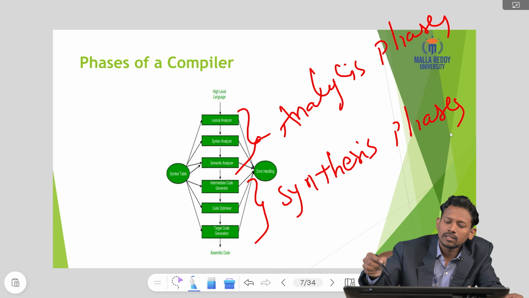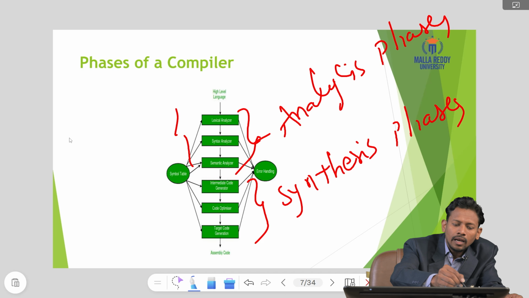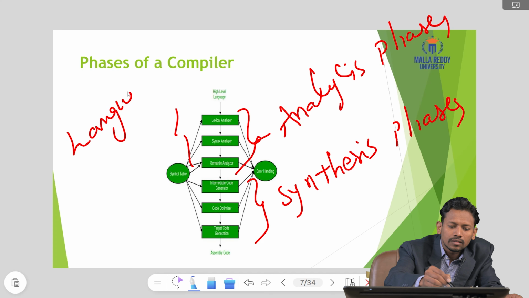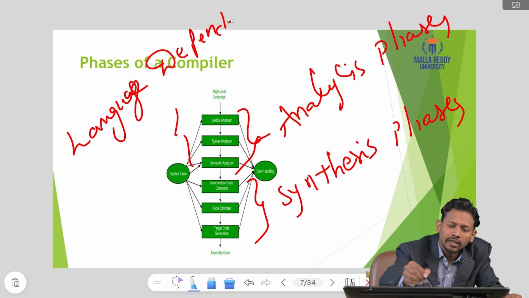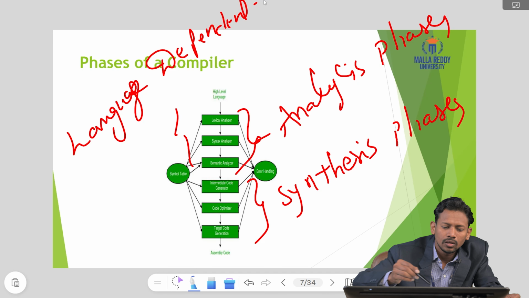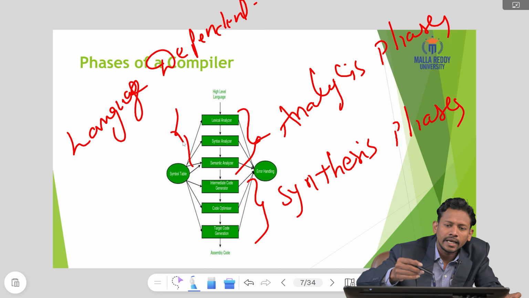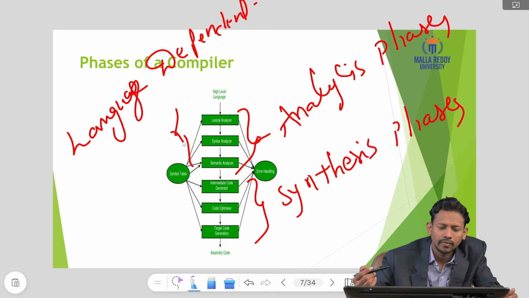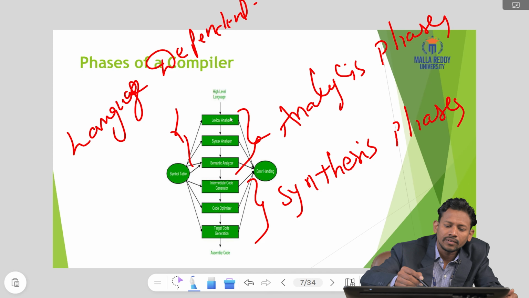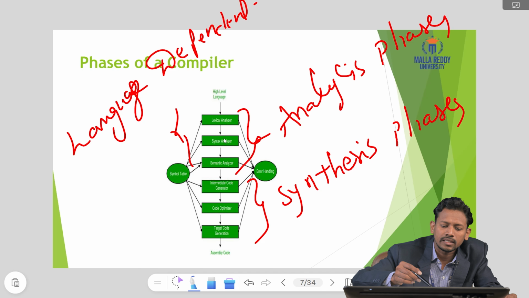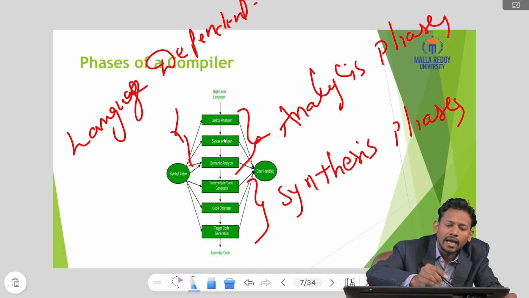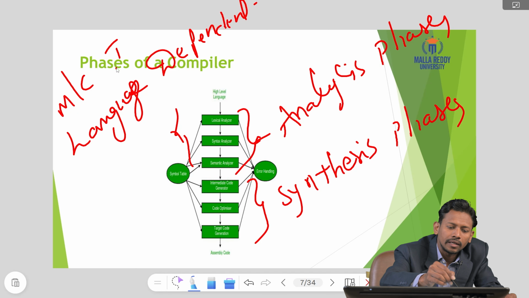These first three phases are completely language dependent, because every language has its own grammar rules. According to the production rules of the grammar, the syntax trees and parse trees can vary. The analysis phases, lexical, syntax and semantic analysis, are language dependent but machine independent.